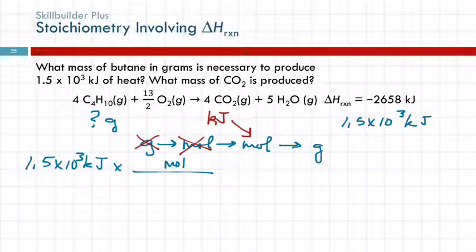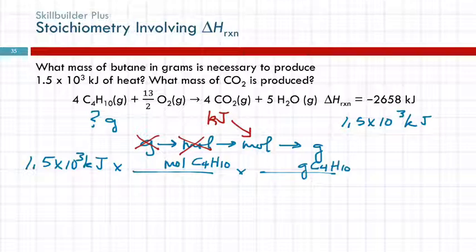You can get there, but extra steps is extra work and extra opportunities to make mistakes. So moles of butane, and then to grams of butane. So kilojoules come down here to cancel out. Moles come down here.